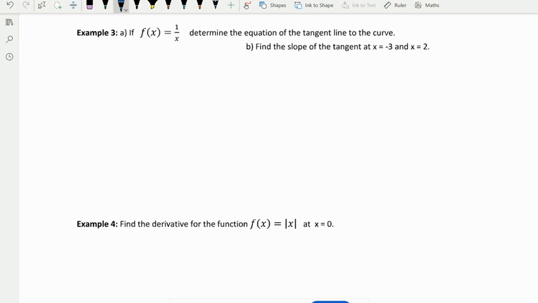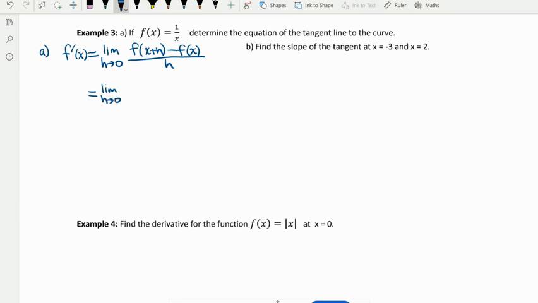So start with A. Starting with my f prime of x equals my first principles, so let's write the limit as h approaches 0 of the function at x plus h minus the function at x over h.